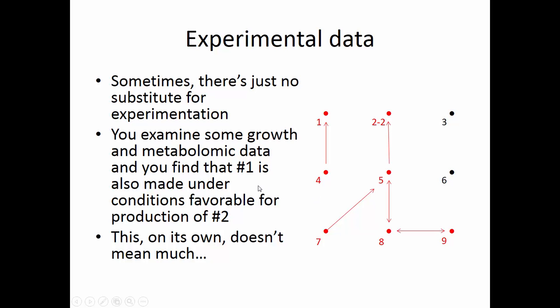And sometimes there's just no substitute for experimentation. You examine some growth and metabolomic data, and you find that number 1 is also made under conditions favorable for the production of number 2. On its own, that doesn't mean a whole lot.